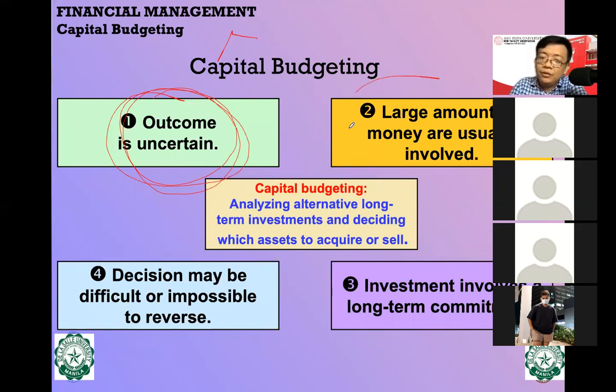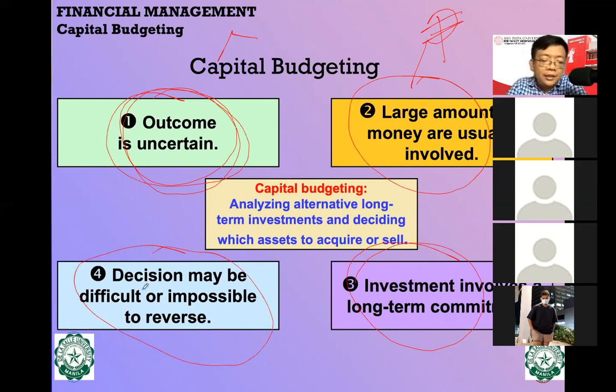Number 2, large amounts of money are usually involved. This is what I said last time: marriage is expensive. Correct. Alright. Number 3, investment involves a long-term commitment. Take note of this one. You have a long-term commitment. And number 4, what I said last time, irreversible.